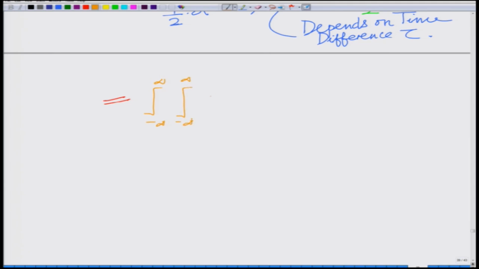Whenever we have a delta function, you will realize, so h(τ̃) δ(τ − τ̃), or you can also write this as δ(τ̃ − τ), because the delta function is symmetric.